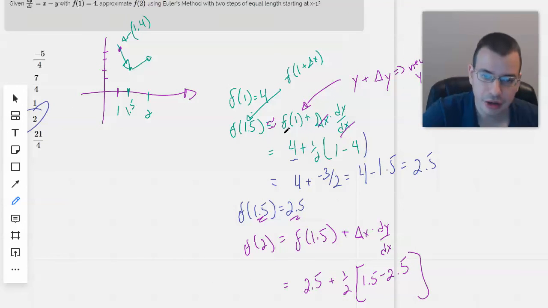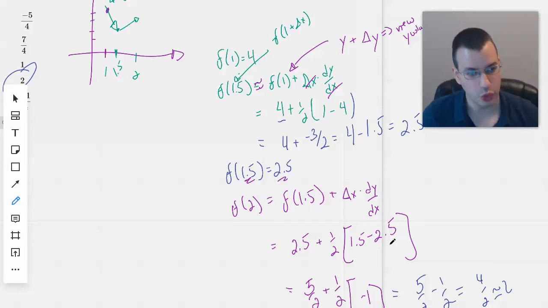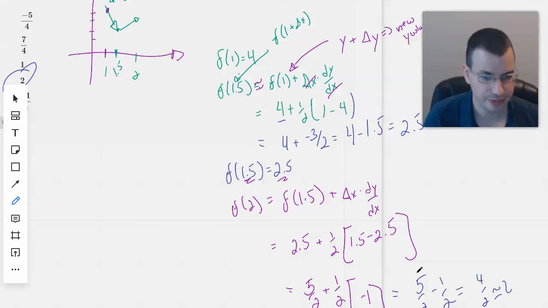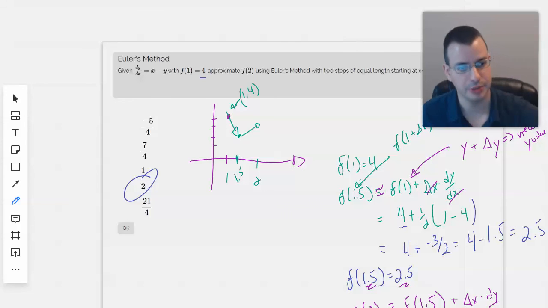From there, you take your initial value, which in this case was 4, and add your step size times the change in rise over run, dy/dx. You do that twice, iteratively, and you get your final answer of 2. Not too bad. We can do these kinds of problems. Go team.